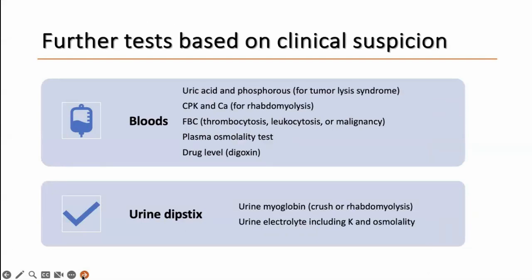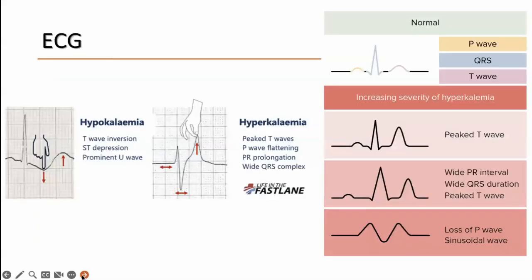It could be any of our drug levels, but most commonly digoxin. Then for your urine, you can look at your urine myoglobulin test if you're suspecting a crush injury or rhabdomyolysis. And then your urine electrolyte tests, including potassium and osmolality tests. So those are more based on what your clinical suspicion is. Okay, we can go next.